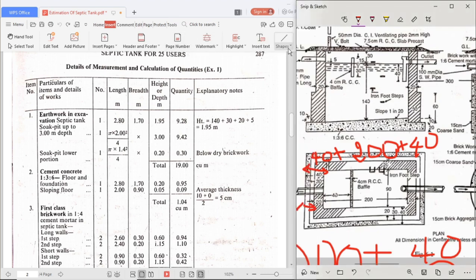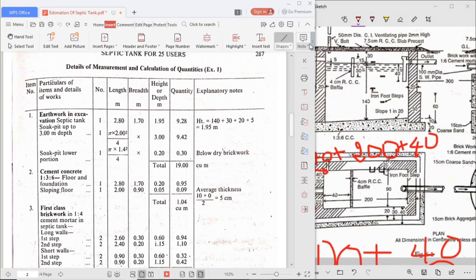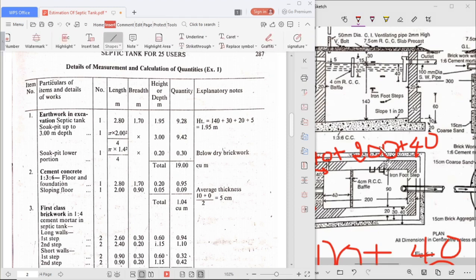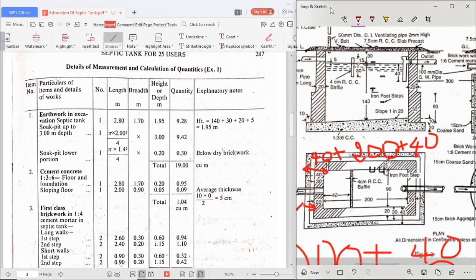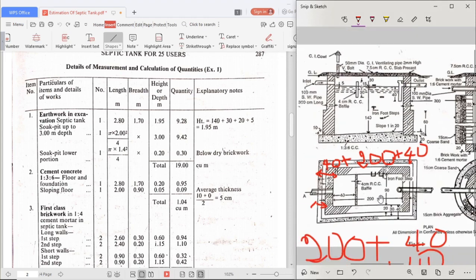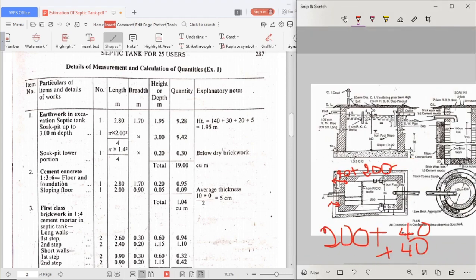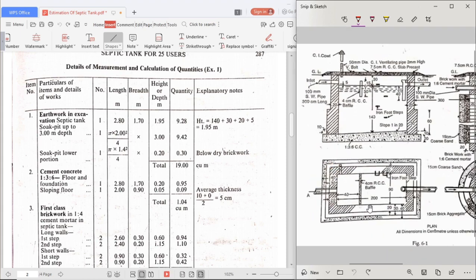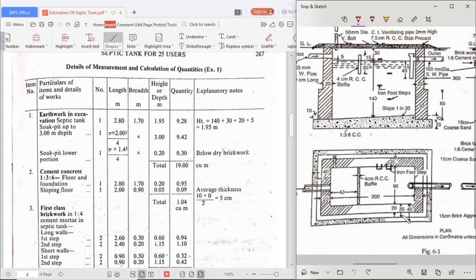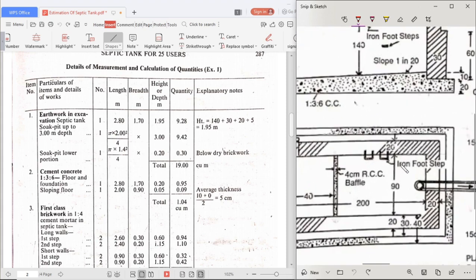Okay, and what about breadth? How to calculate breadth? Same, see the plan. After seeing the plan, 90. Here you see the plan is 90. This is 90 plus 40.